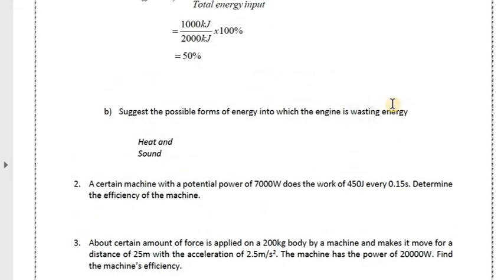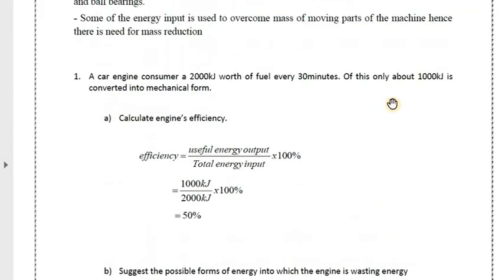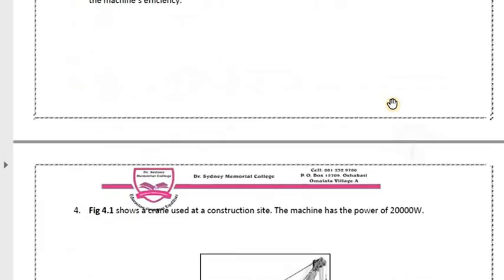If the engine is just hot, that's not what the engine is meant to do. The engine is meant to propel the car forward. So that is a loss of efficiency, a loss of energy. This engine is only 50% efficient.